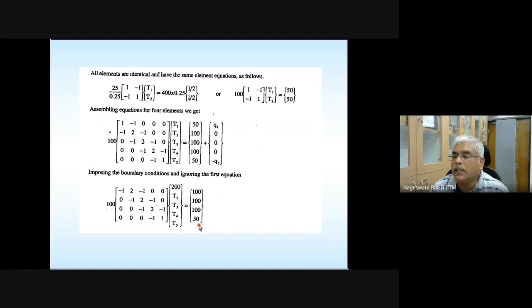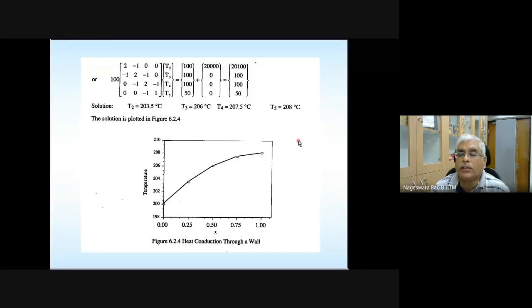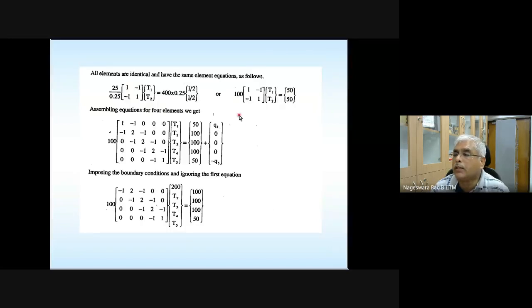They were using partitioning of matrices. Using partitioning of matrices, you can solve this and determine T2, T3, T4, T5. And if you want, you can come back and determine what is Q1.